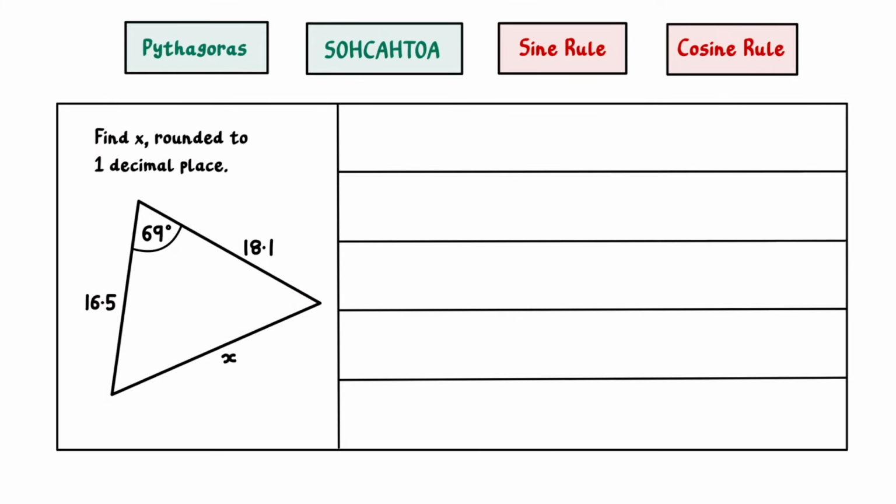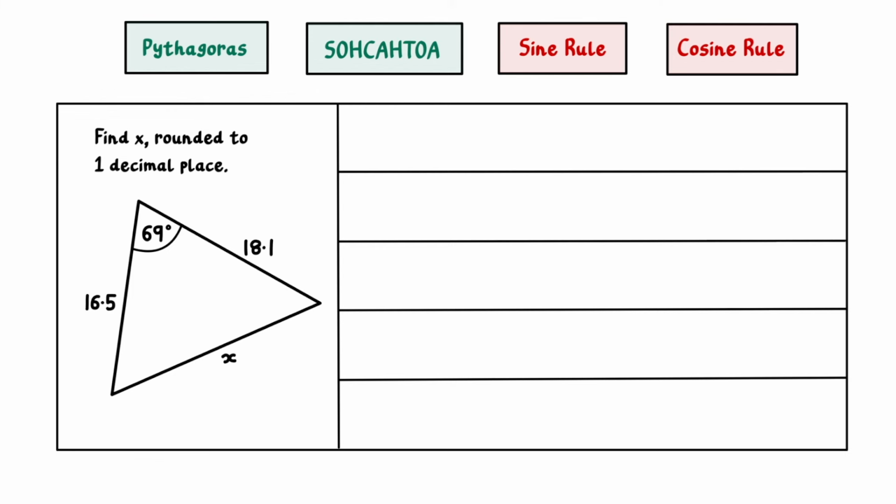In our first example, we have a triangle with sides of 16.5, 18.1 and x. We also have a 69-degree angle. To solve for x, the first step is to identify which method to use.